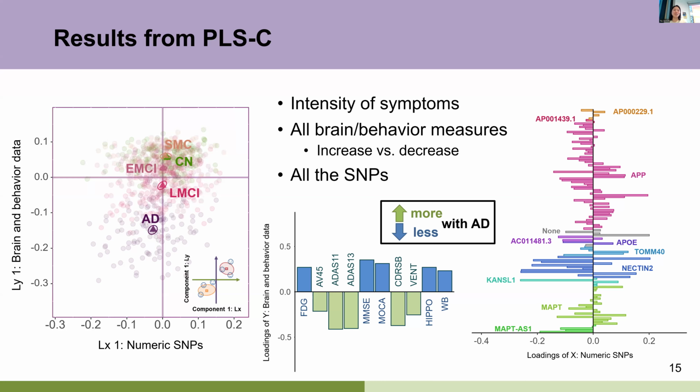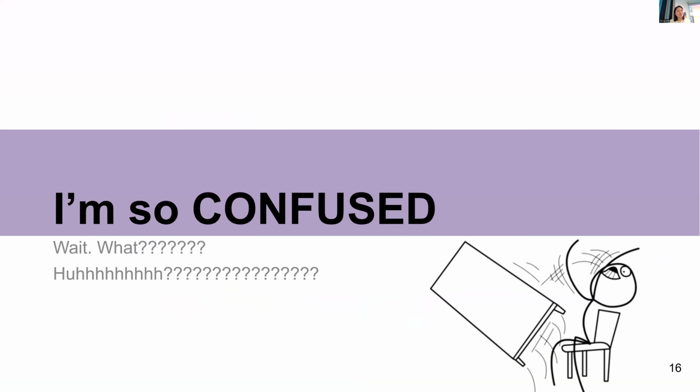You're so confused? Wait, what? I'm so confused. What do you mean? You're supposed to be confused, because usually that whole thing is what you will hear at a conference when people present their PLS results, right? They're like, oh, these things are associated with this, and this is what we see, and this is PLS.